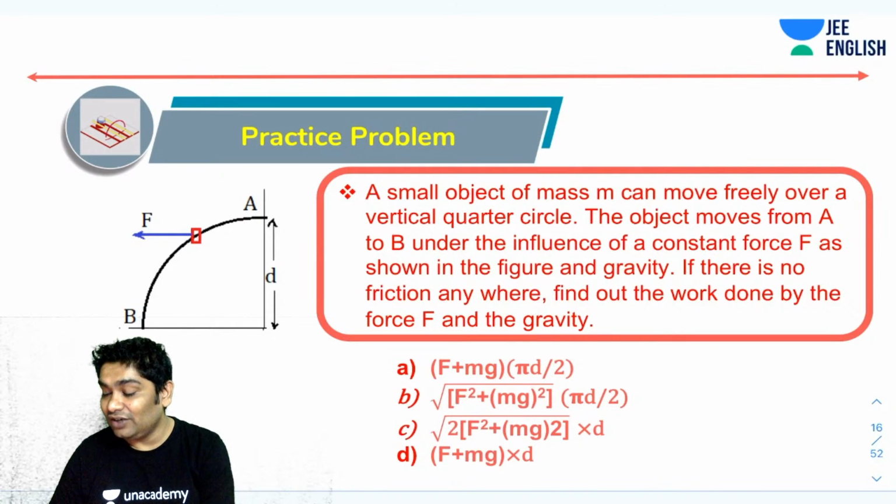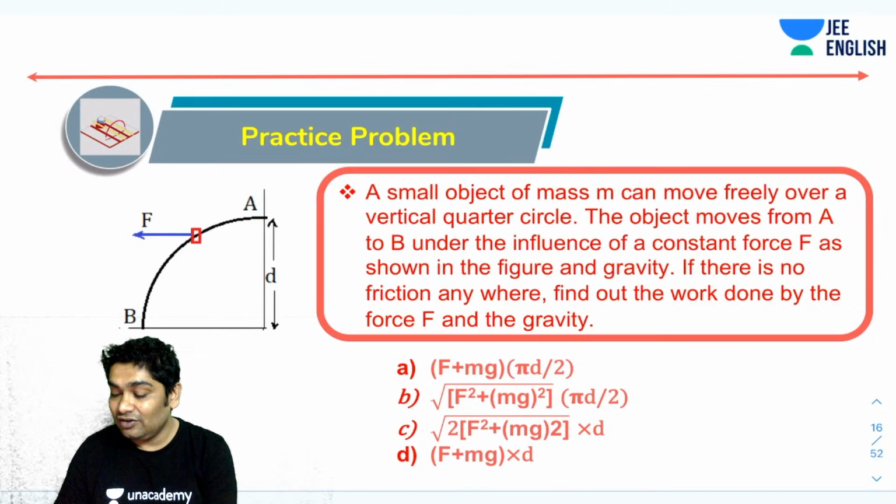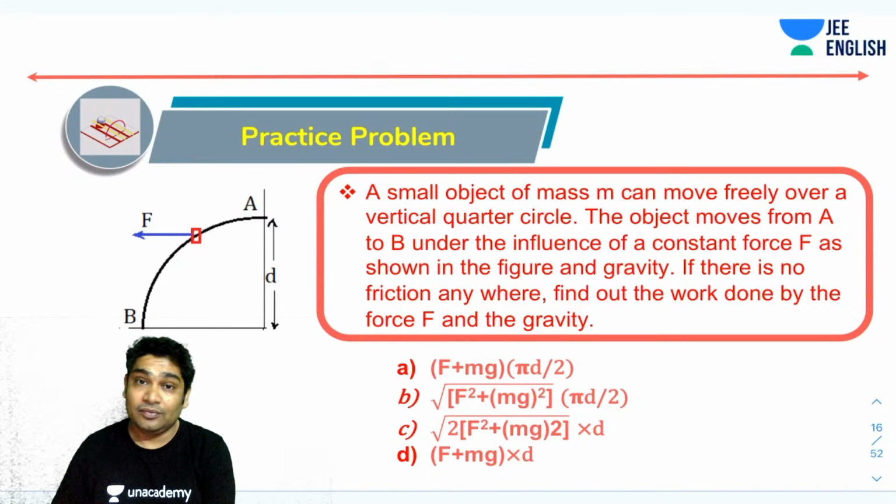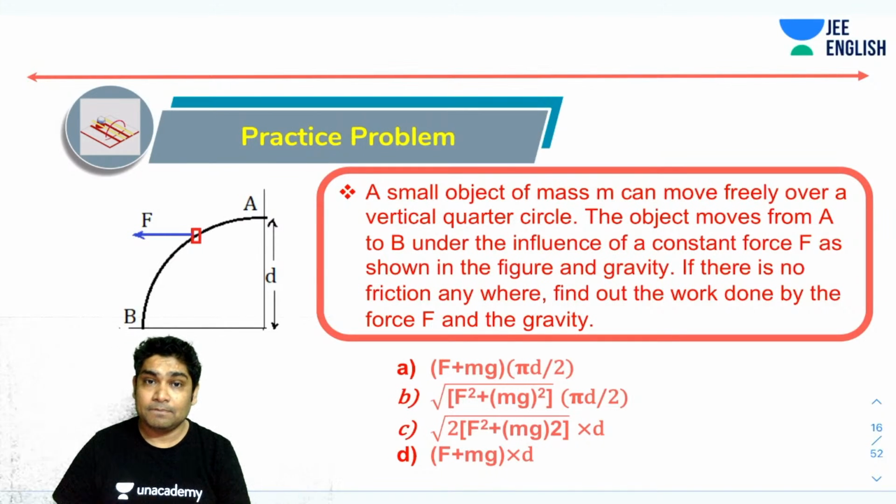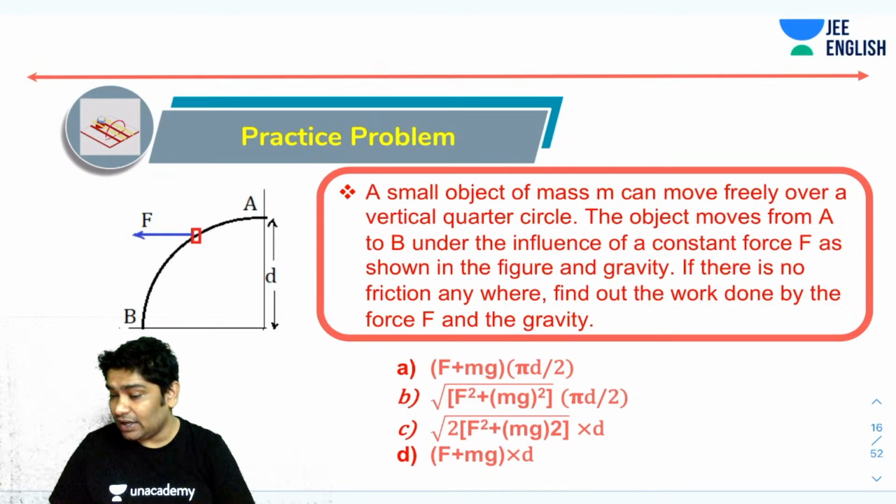So you realize work done by force F would have been F vector dot S vector. That would be F times d. Similarly, work done by the gravitational force would again be mg times d.